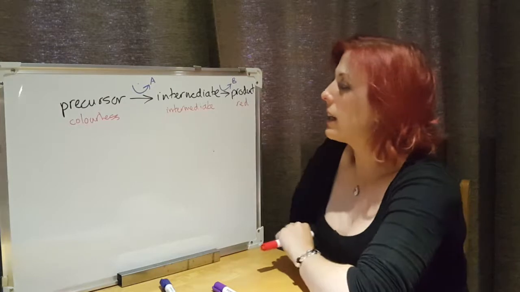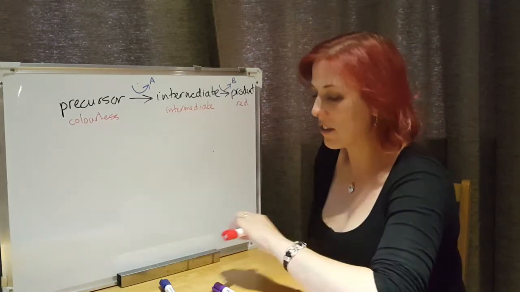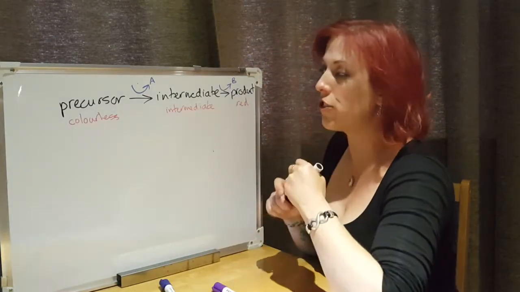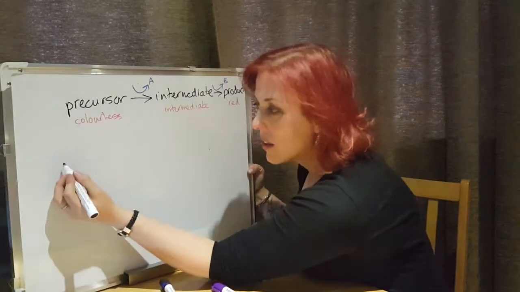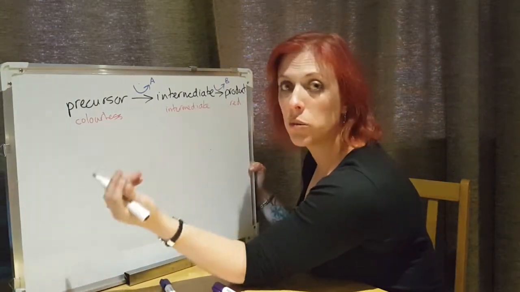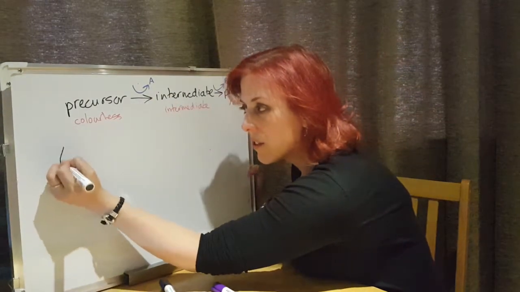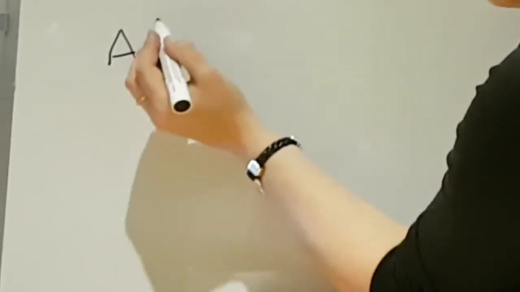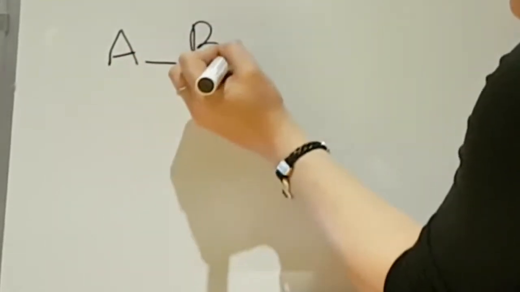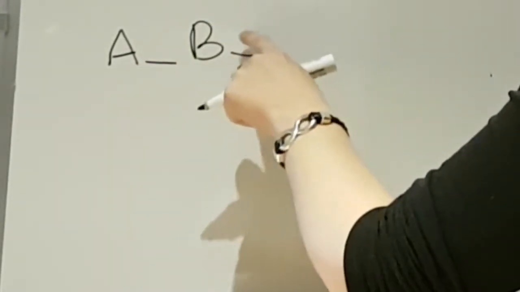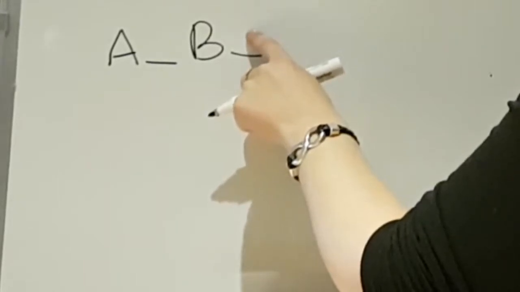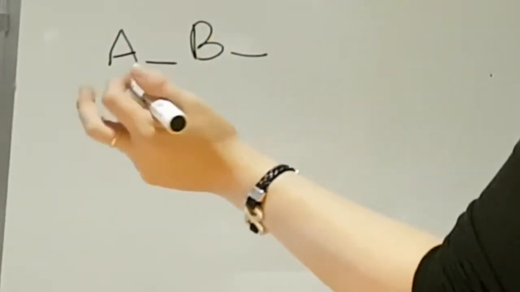So if we were looking at our dihybrid crosses, there are a number of distinct genotypes that we can look at. The first is the one that is homozygous dominant with respect to both genes, which we can refer to as big A, and I usually put an underscore here just to indicate it doesn't matter whether this is dominant A or recessive A, and dominant B. Same scenario here, it does not matter whether this is a dominant B or a recessive B, the dominant phenotype will be expressed.